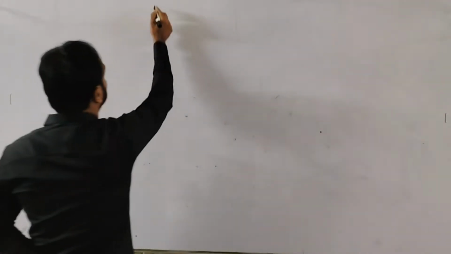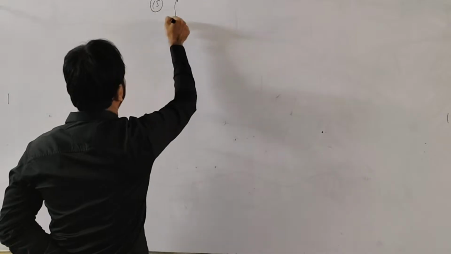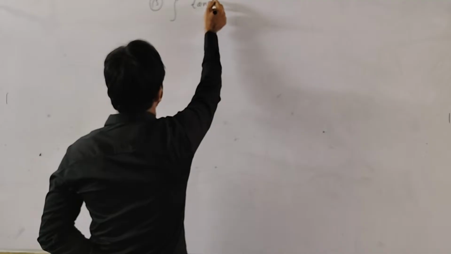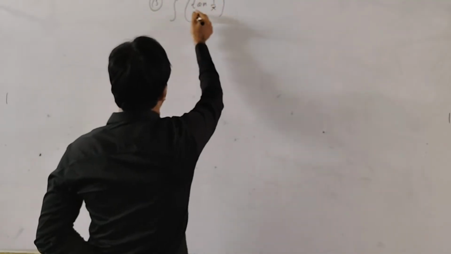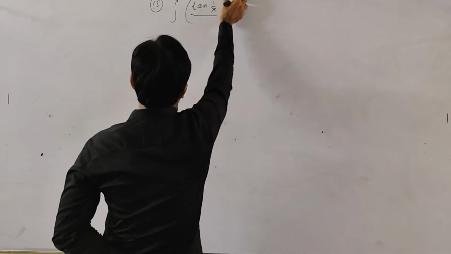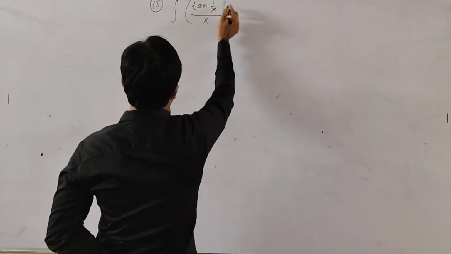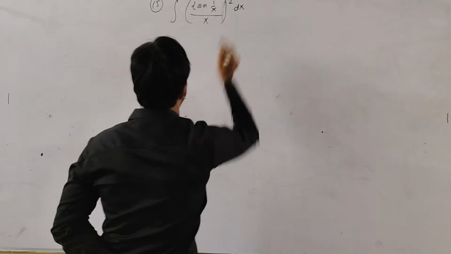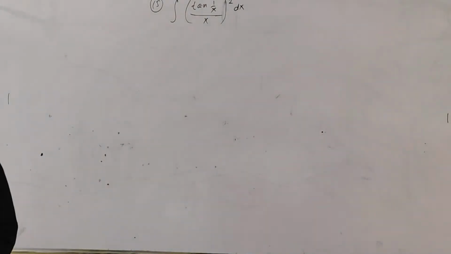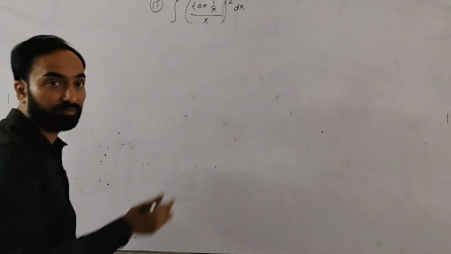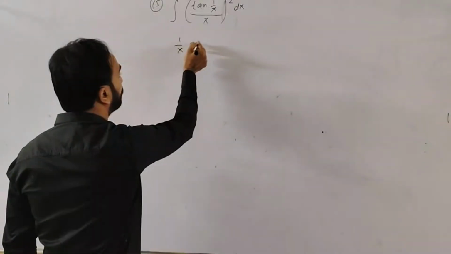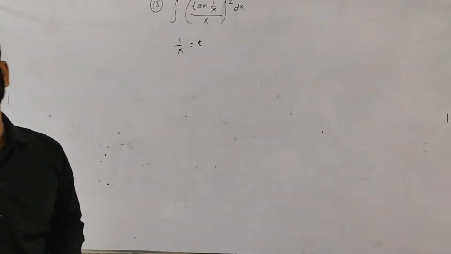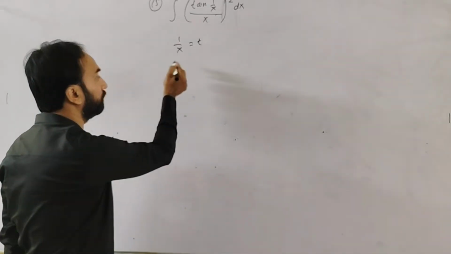Problem number 15 is, let's see what we have: the integral of tan of 1 by x, whole divided by x whole square, dx, right? So let's see how we can do it. The first thing we will do is assume 1 by x is equal to t. If I assume 1 by x is equal to t, we know the differentiation of 1 by x will become what?